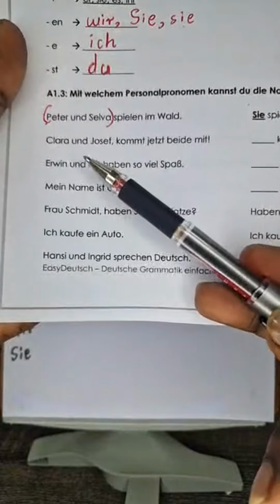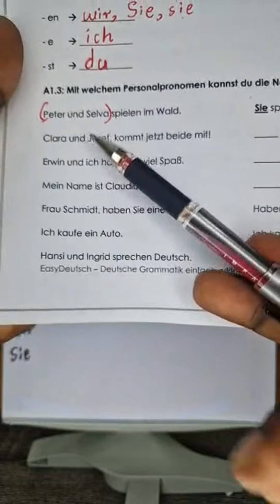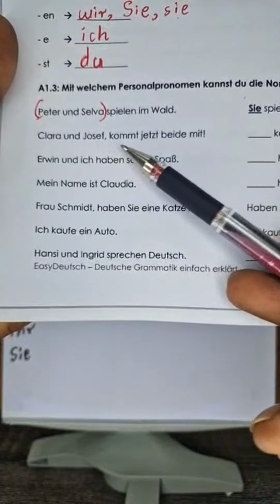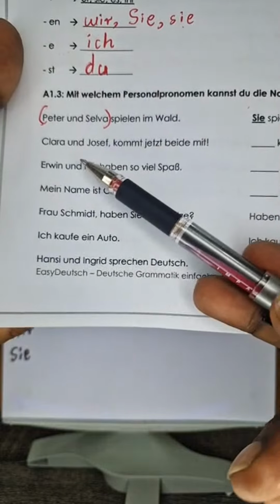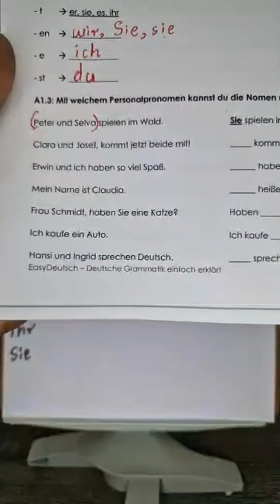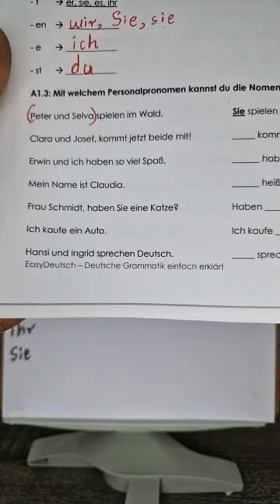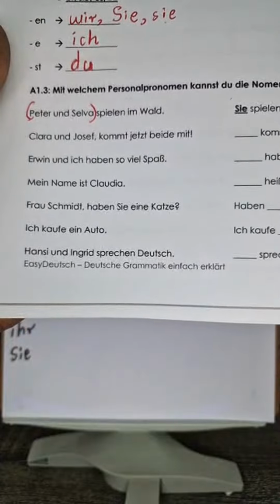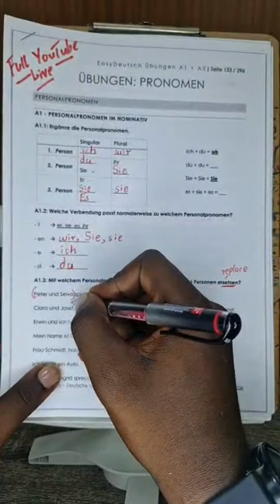Okay, number 2, look at this. Clara und Josef, kommt jetzt beide mit. So it's like these people, Clara and Joseph, you are requesting them: you, Clara and Joseph, come here. Kommt jetzt beide mit. I can see there's somebody addressing them.